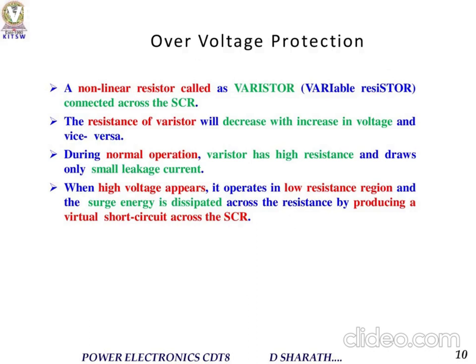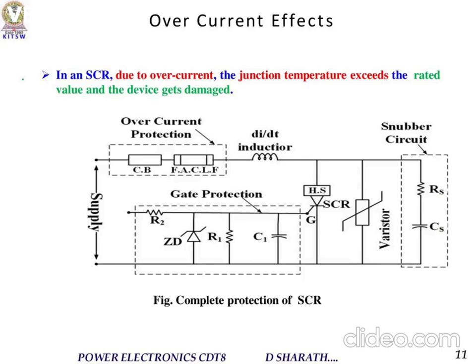Coming to over voltage protection, a non-linear resistor, also called a varistor, meaning variable resistor, is connected across the SCR. The resistance of the varistor decreases with increase in voltage, and vice versa. During normal conditions, the varistor has high resistance and draws a small leakage current. When high voltage appears, it operates in the low resistance region and the surge energy is dissipated by producing a virtual short circuit.